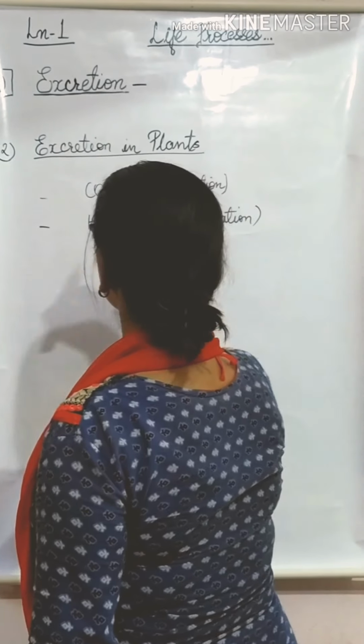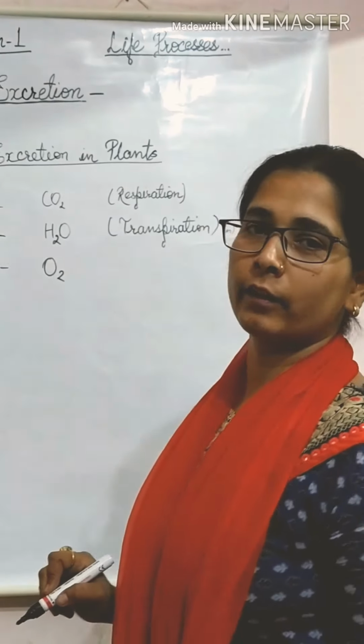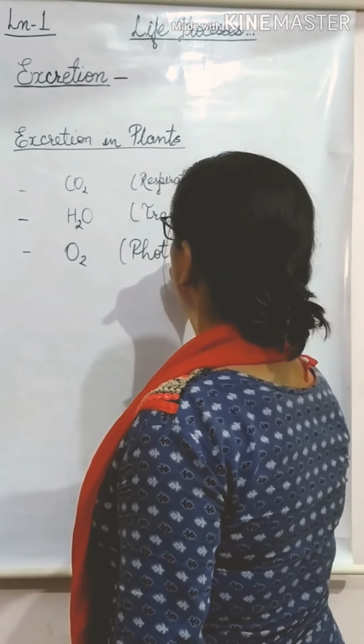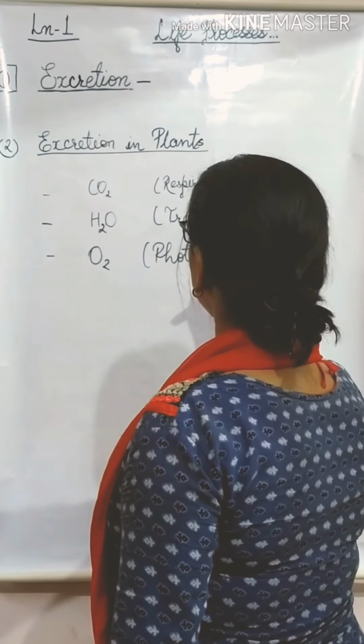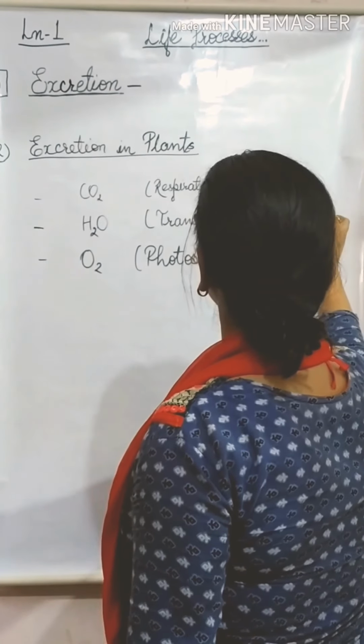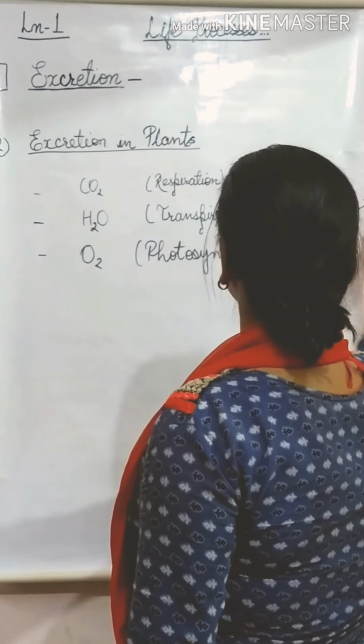And the third is everyone's favorite, oxygen, which is produced during the process of photosynthesis. And if you observe, all this occurs through the stomata, right children?